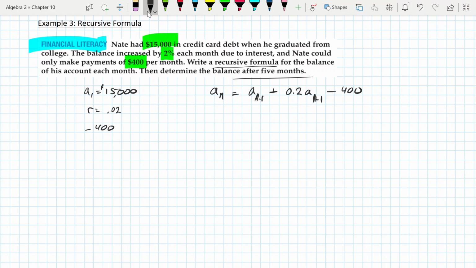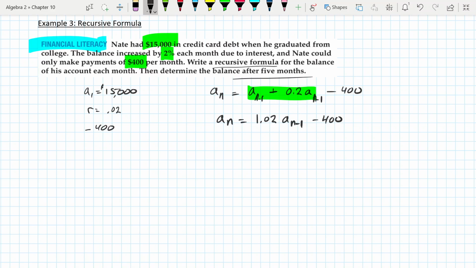That looks like a recursive formula and I actually have some like terms I can add together. So every month is 1.02 times whatever was in the month before, minus $400. So that looks like our nice formula there.